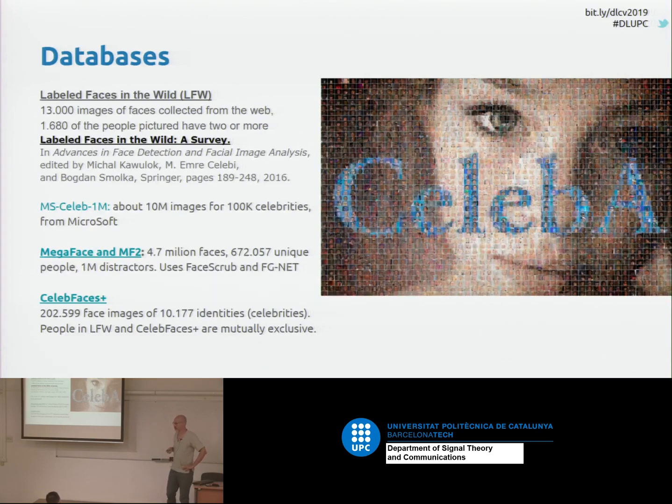In the last years, there has been an explosion of large data sets, and some of them, for instance, the Microsoft Celebrity 1 million, contain 1 million different identities. And for the top 100,000 identities, there are 10 million images. So we have a lot of images to train the different systems.